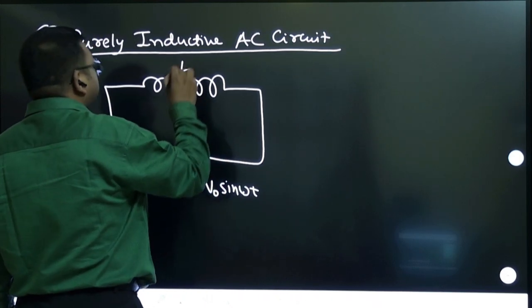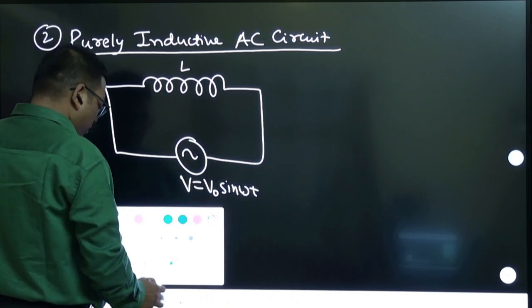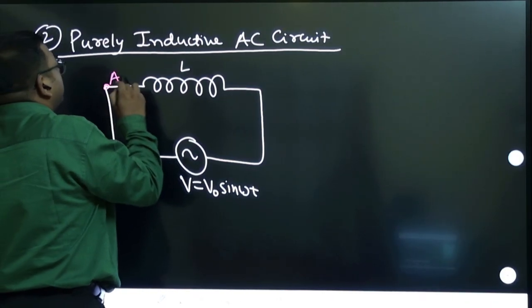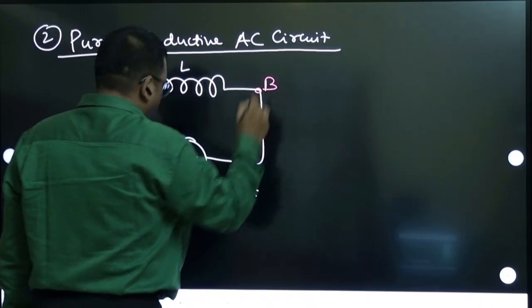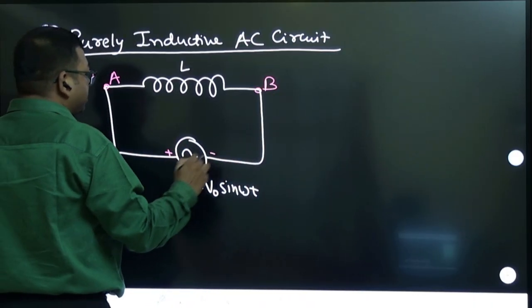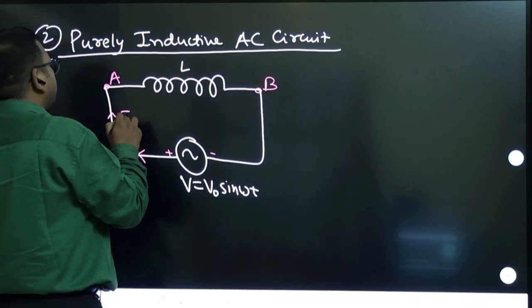This inductor has inductance L. Let us take this point as point A, this point as point B, and this is plus, minus, so current is going this way.